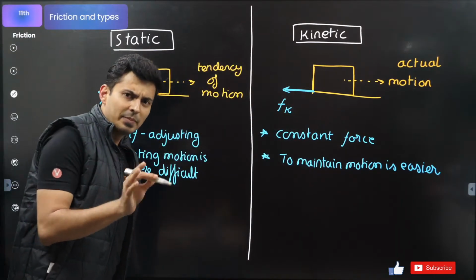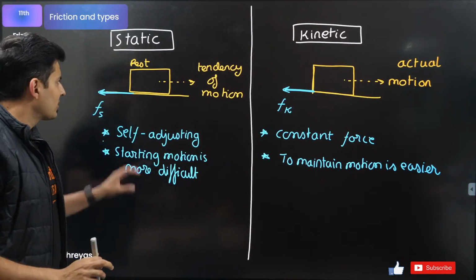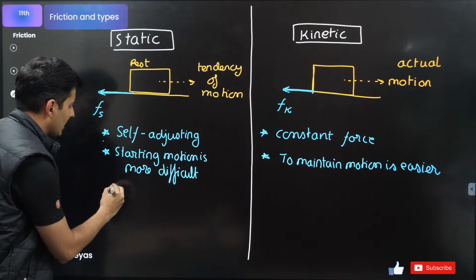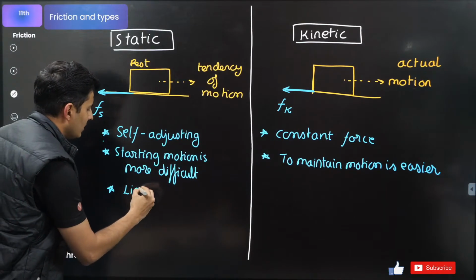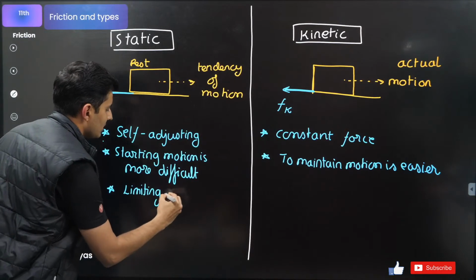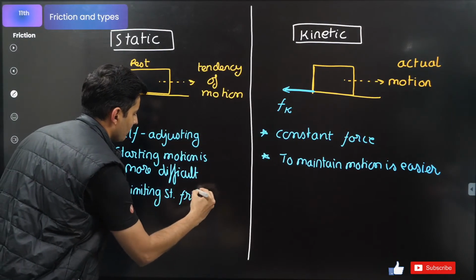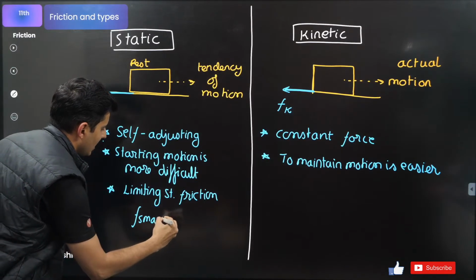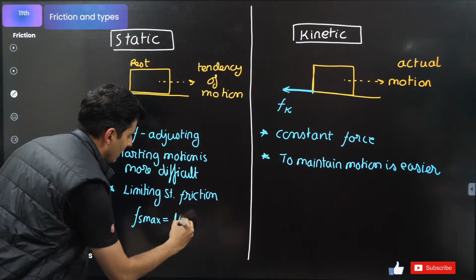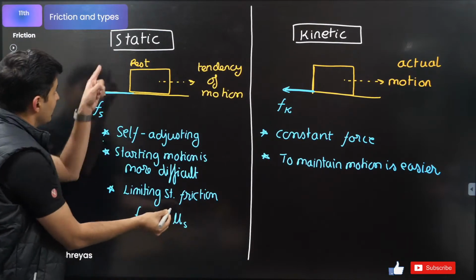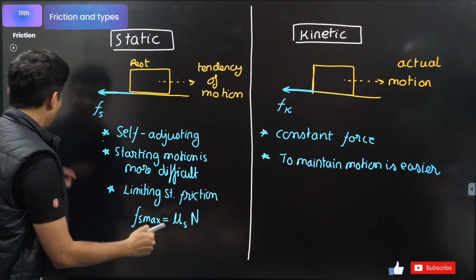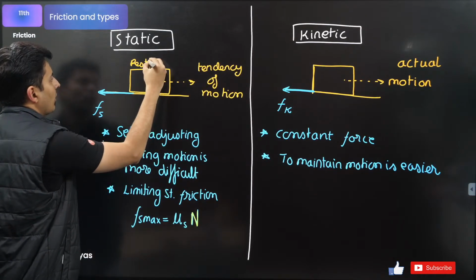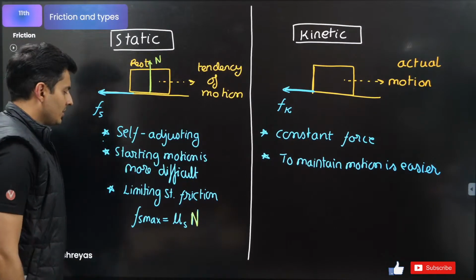Now the maximum static frictional force which can act on this body, which is the limiting static friction, is given by the symbol Fs max, and the value of that is given by mu subscript s, because it is related to static, into N. If you are wondering what the hell is this N, this is nothing but the normal force acting between the surfaces.